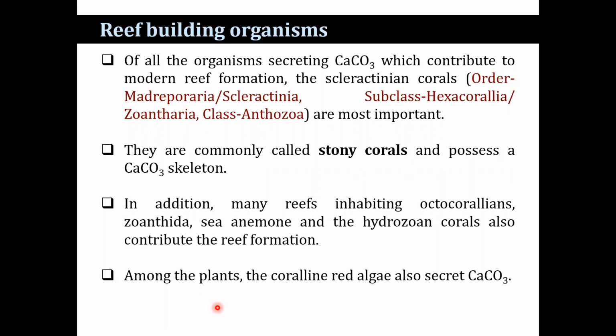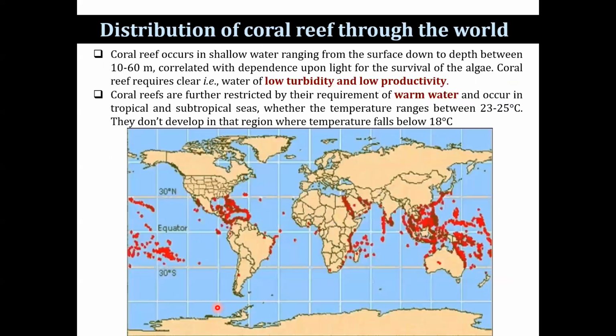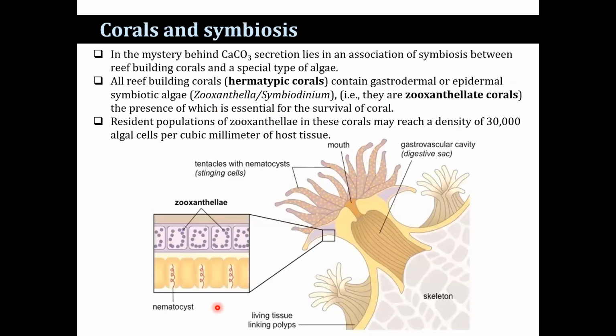And what is the mystery behind the symbiotic association in coral reef formation? It is an association of symbiosis that occurs between reef building corals and a special type of algae. All reef building corals, that is hermatypic corals, contain gastrodermal or epidermal symbiotic algae.